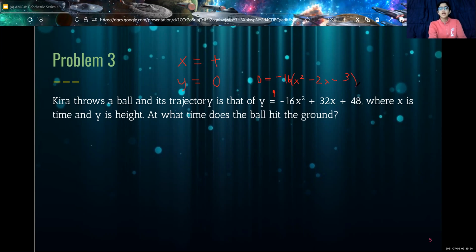So we get -16 times (x squared minus 2x minus 3), right? And now using the quadratic formula, we can figure out that this has two factors. So we get -16 multiplied by (x plus 1) times (x minus 3), right?